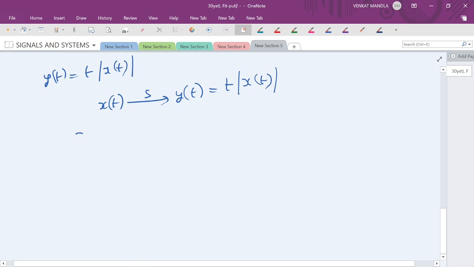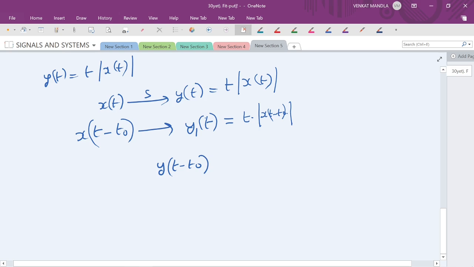Now I will apply a delay in the input. What is the output, let us say y1(t)? t multiplied by modulus of the input. Input is x(t minus t0). Now I will apply a delay in the output, y(t minus t0).